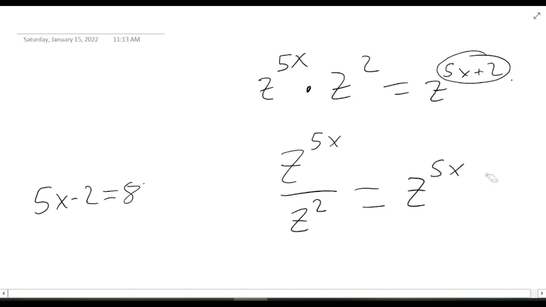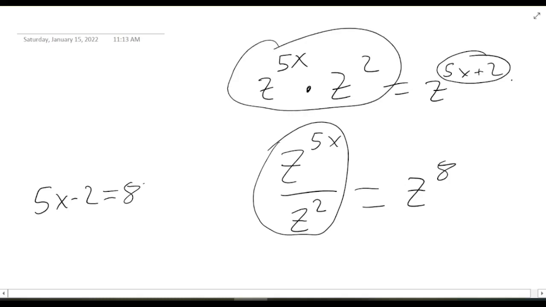So we can rewrite this answer as z to the 8. So z to the 5x divided by z squared is going to be equal to z to the 8. It just depends on what the question gives you, but these rules with dividing and multiplying exponents will always be the same.